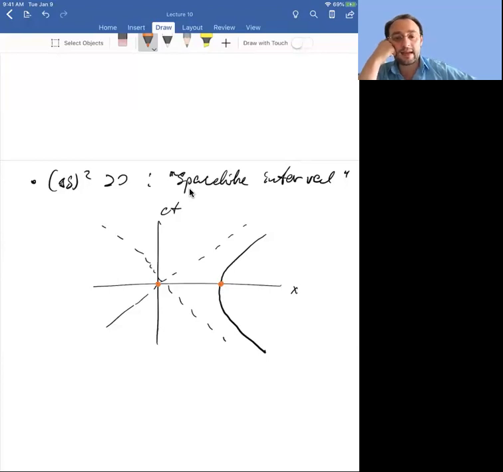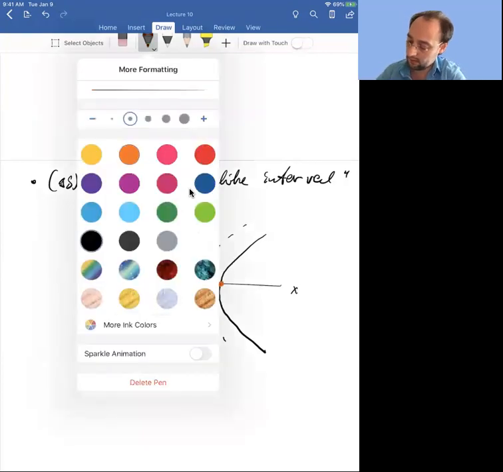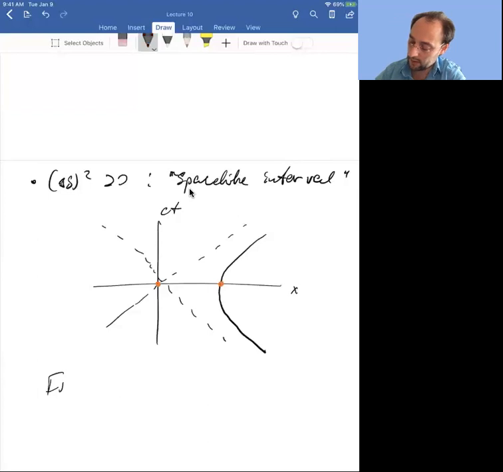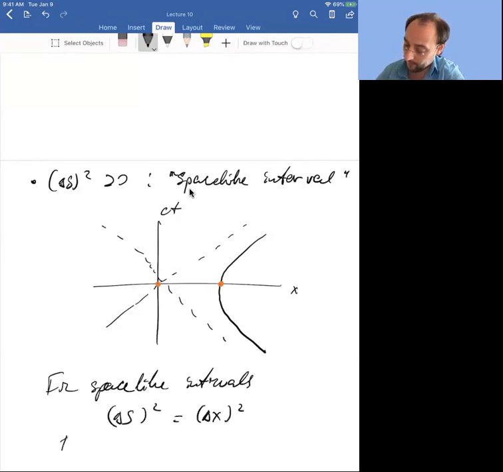Okay, and so for space-like intervals, delta S squared equals delta X squared: the square of the proper distance in a frame in which the events take place simultaneously. So this is proper distance. Before it was proper time, now it's proper distance.